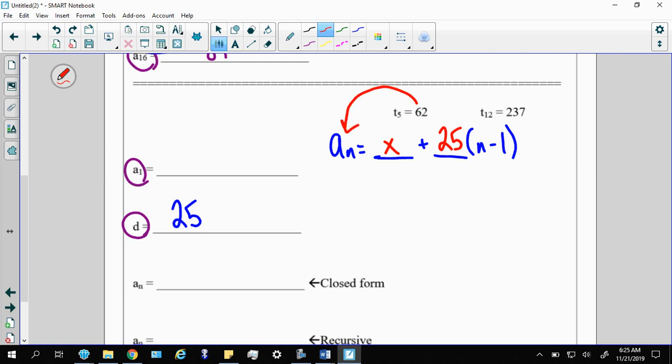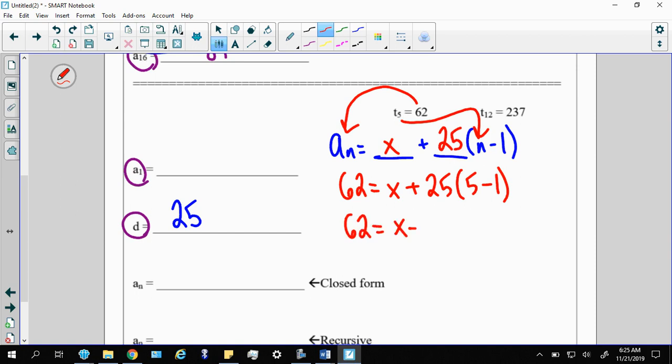So I'm going to put 62 right there, and I'm going to put 5 right there. So 62 is equal to x plus 25 times 5 minus 1. So 62 equals x plus, that will be 100, and then my first term ends up being negative 38.